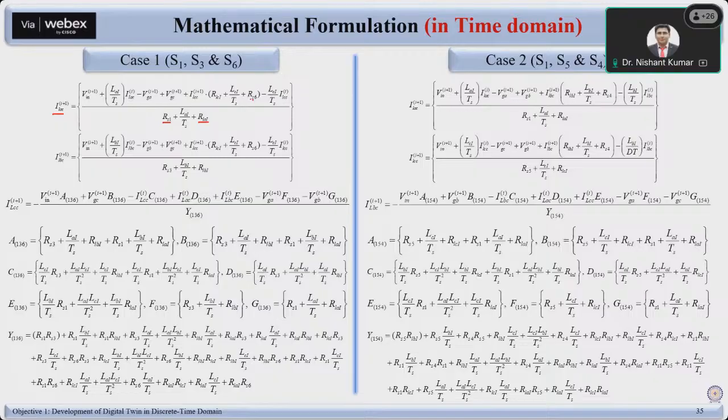Similarly, RS6 is the switch resistance. Similarly, ILCC is the inductor current in the C phase. Like that, all the unknowns should be here. This is for case 1 when switches 1, 3 and 6 are on, and similarly for case 2; only 6 cases are possible. So you have to write all those equations.